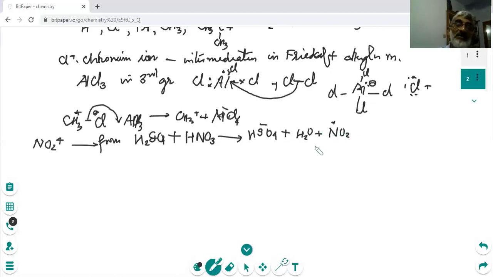Do you know how to show the mechanism of this process in which NO2 plus is generated? Why don't we try that? First of all, you can draw the full structure of H2O. I don't want to waste the time.